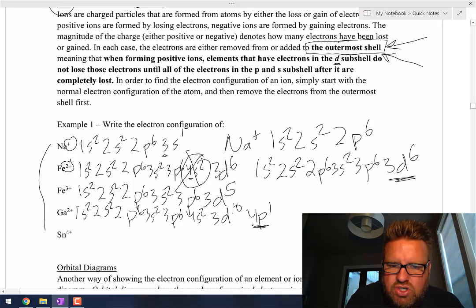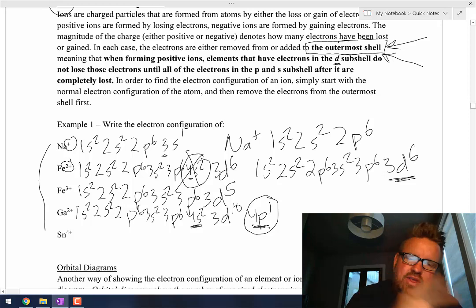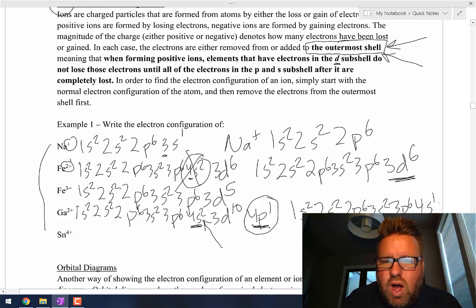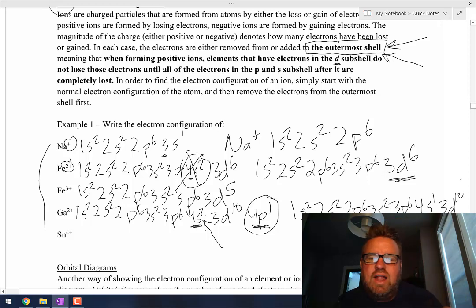There's the fourth shell right there. So we have to take two away. We take that one away first, and then the next one we take away has to come from here. So our correct answer is going to be 1s2, 2s2, 2p6, 3s2, 3p6, 4s1, 3d10.